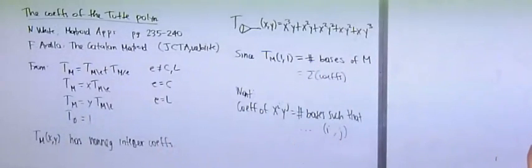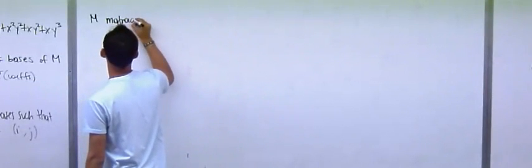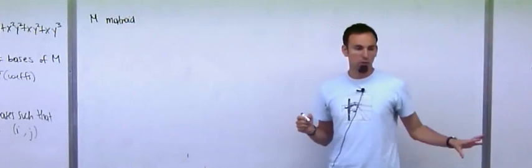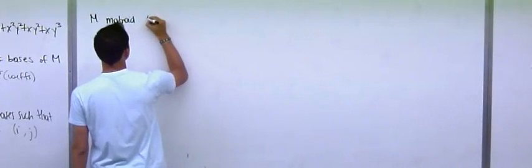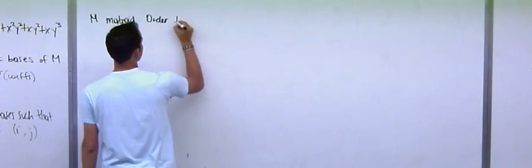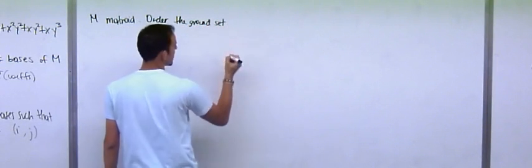And so this is how we're going to do it. Say that M is a matroid, and you're going to take the ground set and order it in some way. Order the elements of the ground set in any way that you want, but it's a linear order.